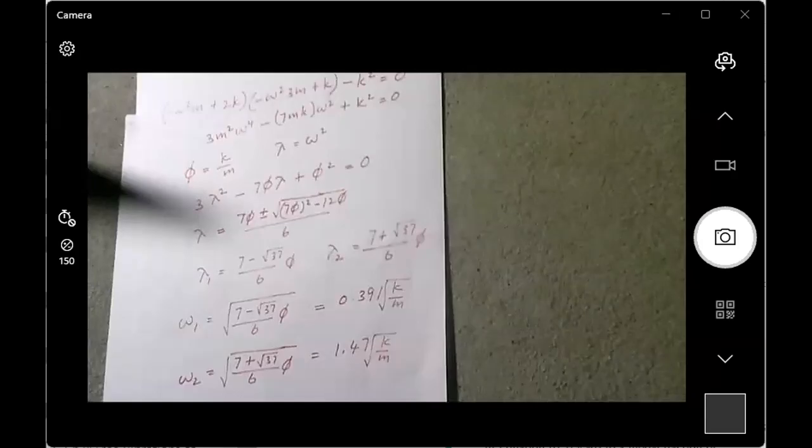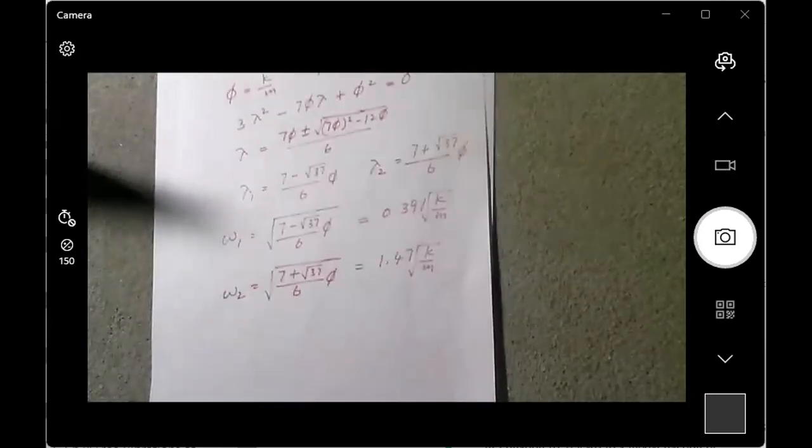For 3 degree of freedom system, you will get 3 natural frequencies: the fundamental frequency, which is the lowest one, and 2 harmonics. If it is 10 degrees of freedom, you will get 1 fundamental frequency and 9 harmonics, right? Like that, it will go up.